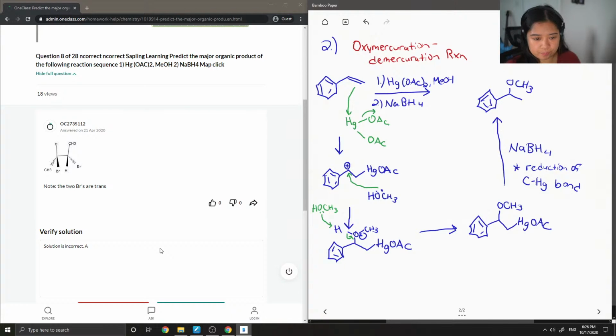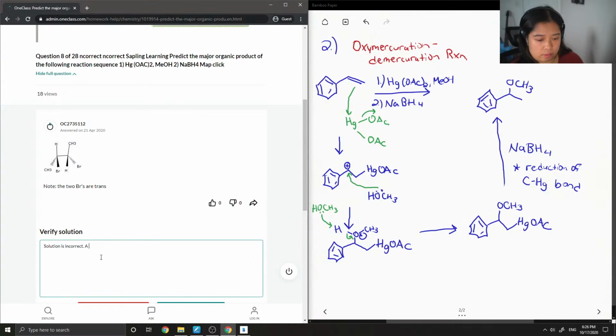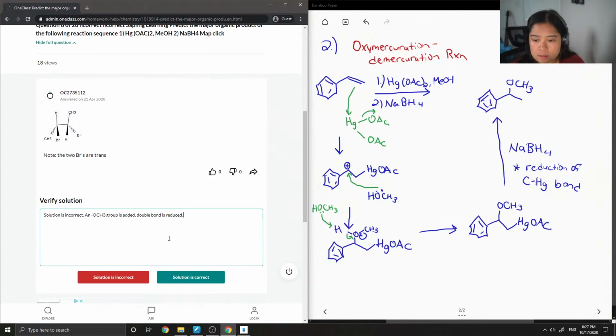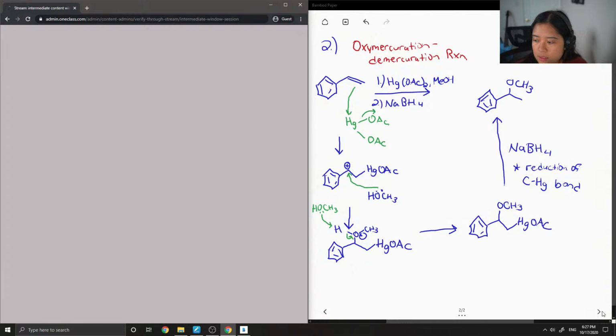Okay. So solution is incorrect. An OCH3 group is added. The double bond is reduced. Okay, so that's solution incorrect.